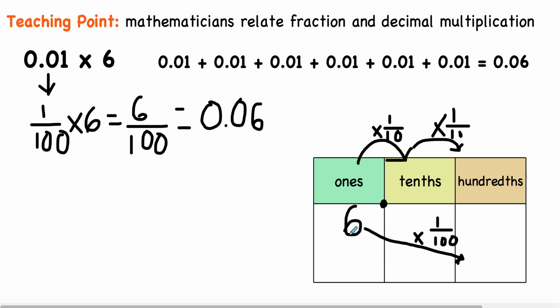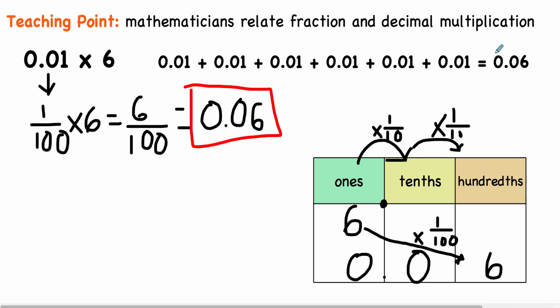And my 6, if I brought it over 2 place values to the right, would end up in the hundredths place. And I would have 0.06 or 6/100ths. So I did it with fractions. I did it with repeated addition, and I solved it with a place value chart.